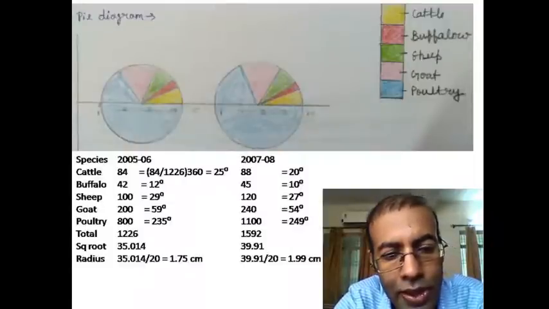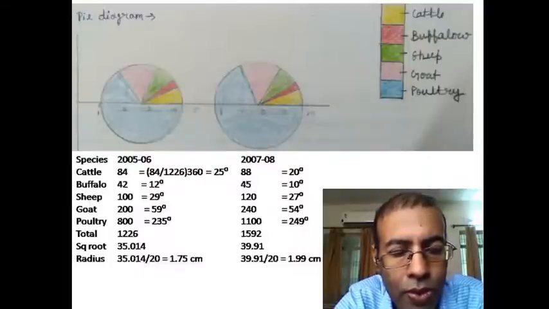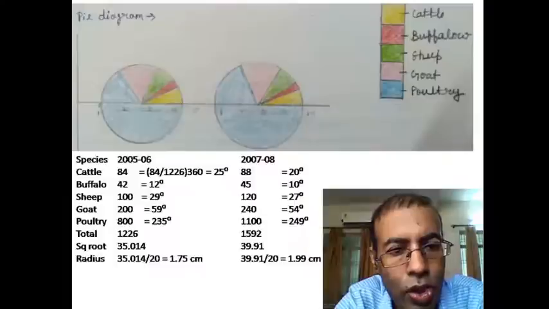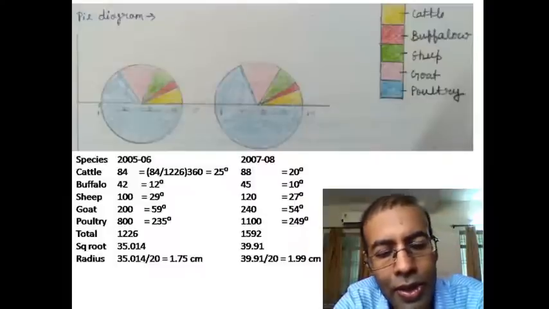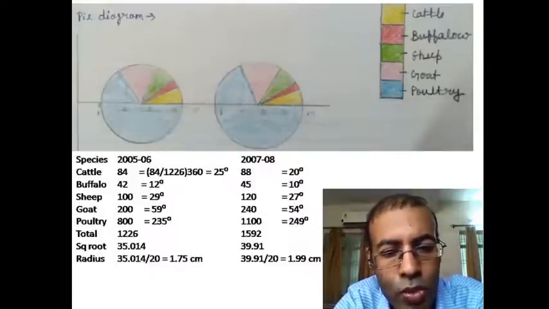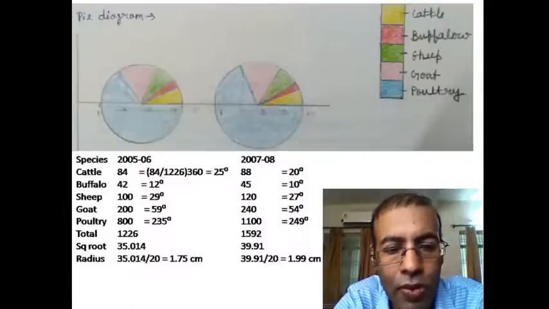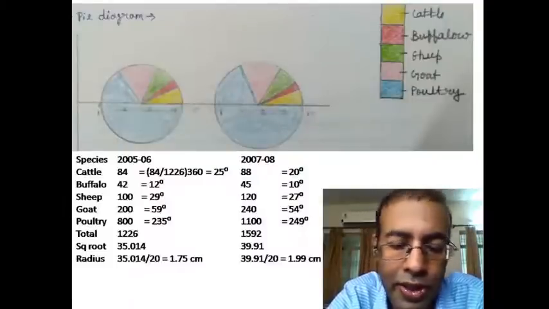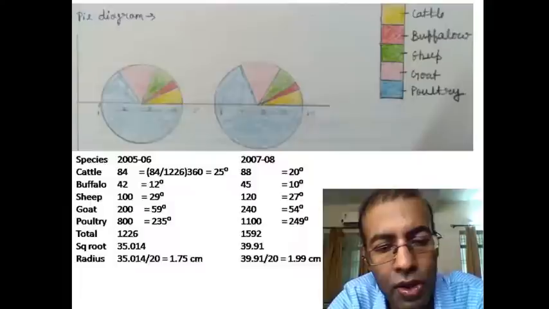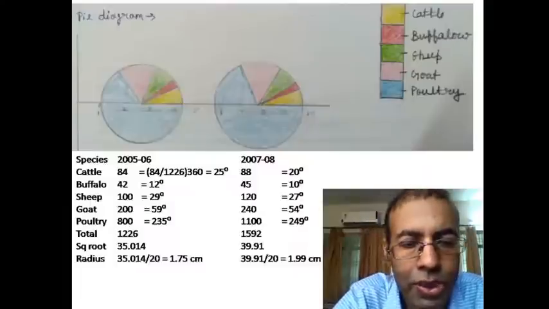Now for getting the radius value, we will divide both these values by 20. So for 2005-6, the radius is 1.75 centimeter, and the radius for 2007-8 is 1.99 centimeter. So these are the radius values for different years on the basis of the total number of animals.